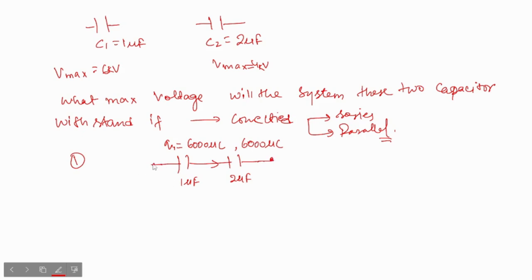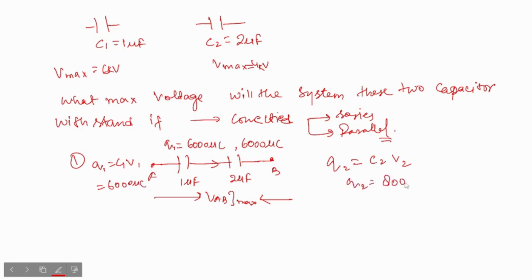And let's say point A, point B, this is VAB max. Now by the formula, Q2 is C2 V2. Q1 is C1 V1, that means 6000 microcoulomb, and by this Q2 would be 8000 microcoulomb.